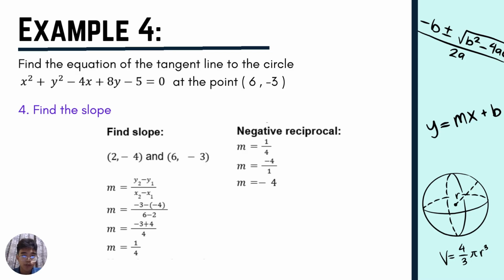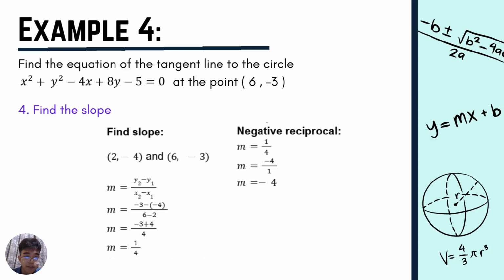Now we'll find the slope. We have our x coordinate is 2, and our y coordinate is negative 4. And we have another point which is 6 and negative 3. Now we will use the slope formula. We have m is equal to y sub 2 minus y sub 1 over x sub 2 minus x sub 1.